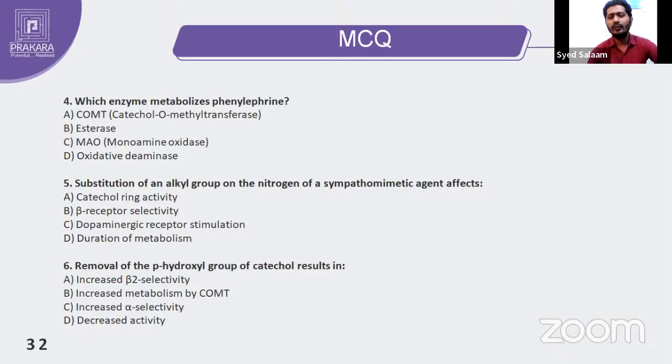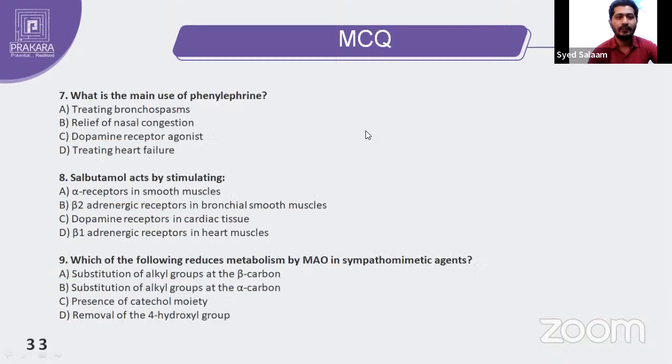Next, removal of the para-hydroxyl group of the catechol ring results in what? The fourth position hydroxyl, if I remove it, what happens? Increase beta 2 selectivity, increase metabolism by COMT, increase alpha selectivity, or decrease the activity. Next, what is the main use of phenylephrine? Treating bronchospasm, relief of nasal congestion, dopamine receptor agonist, or treating heart failure.